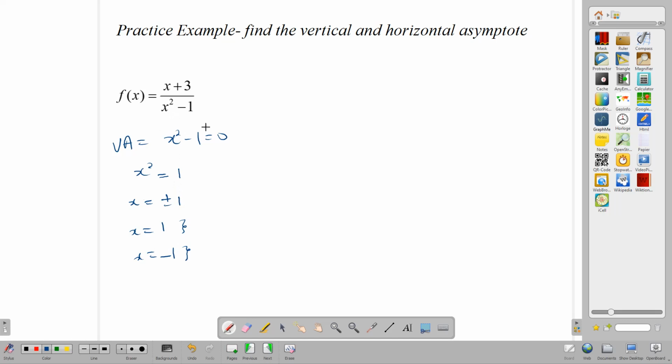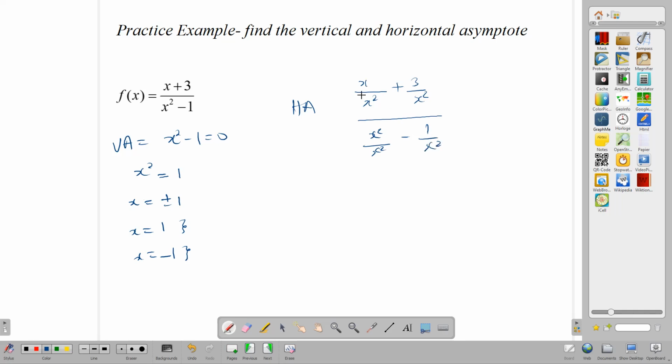On the other side of it, to find the horizontal asymptote, we realize that the power in the denominator is bigger than that of the numerator. So if we divide both the numerator and denominator by the larger power, we have x over x squared plus 3 over x squared, and x squared over x squared minus 1 over x squared.